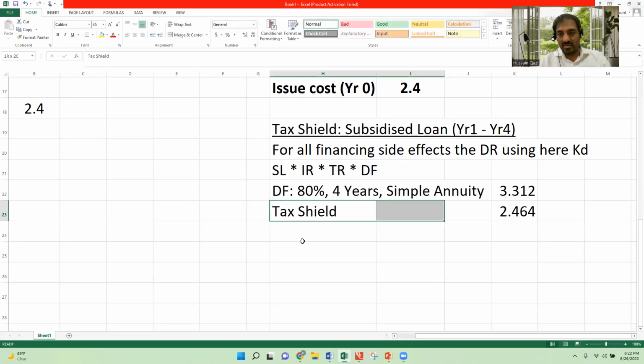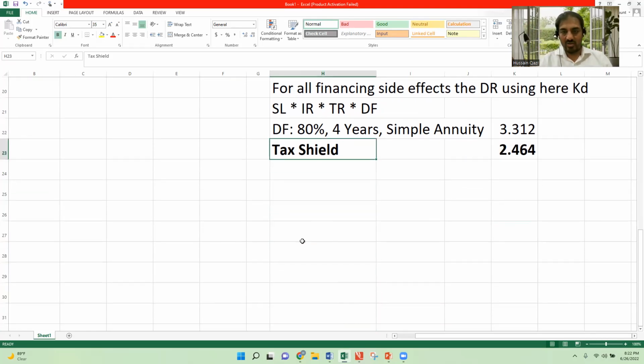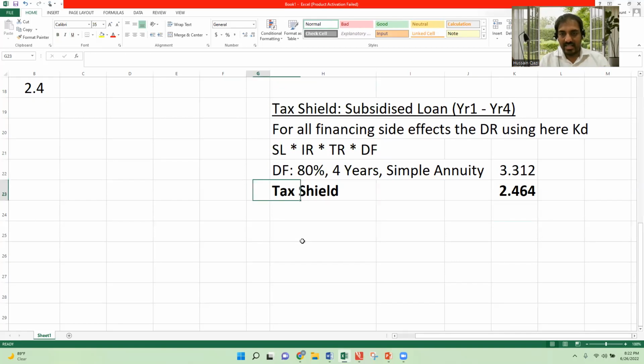That is simple: 2.464. That's the tax shield.